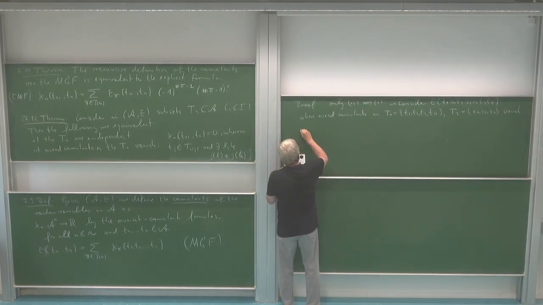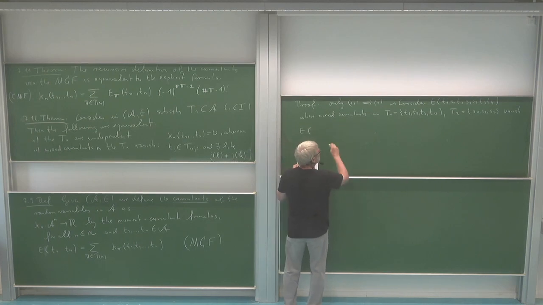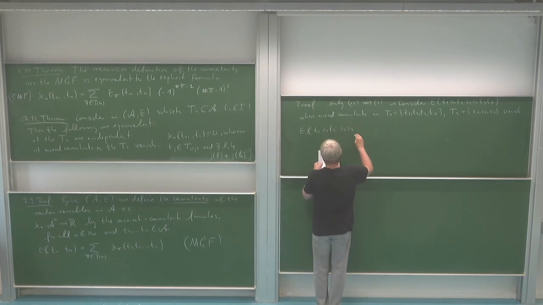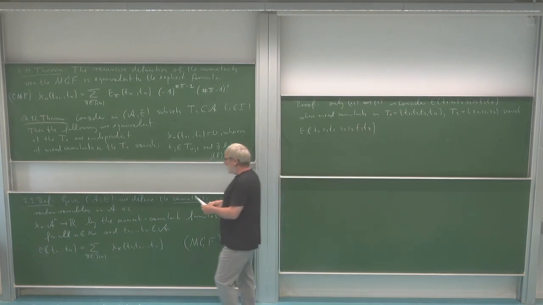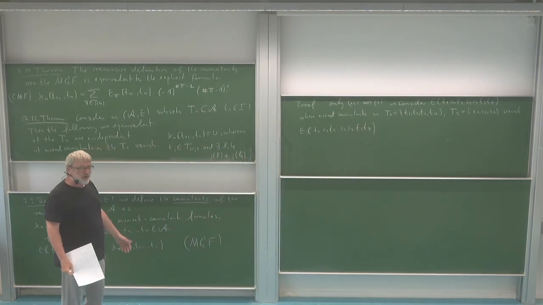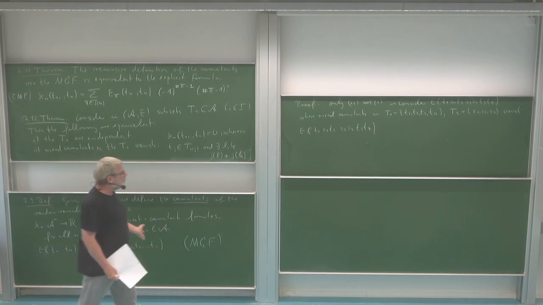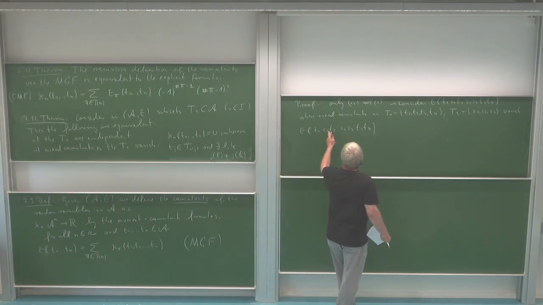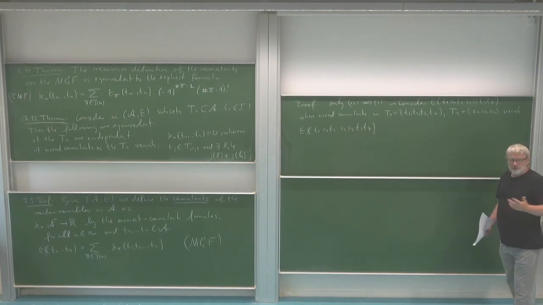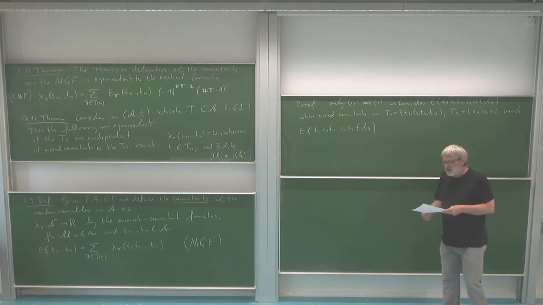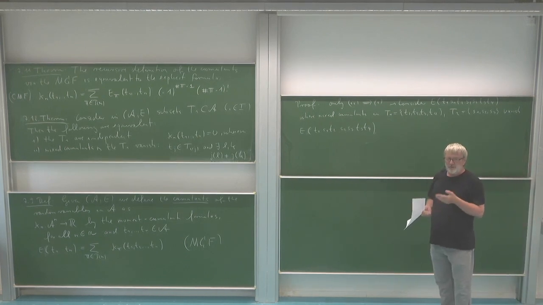So I should calculate the expectation of this product T1, S1, T2, S2, S3, T3, T4 by using my moment-cumulant formula. So I should sum over all partitions of 1, 2, 3, 4, 5, 6, 7 elements, and each of them gives me a contribution, and the contribution is a product of cumulants according to the blocks.